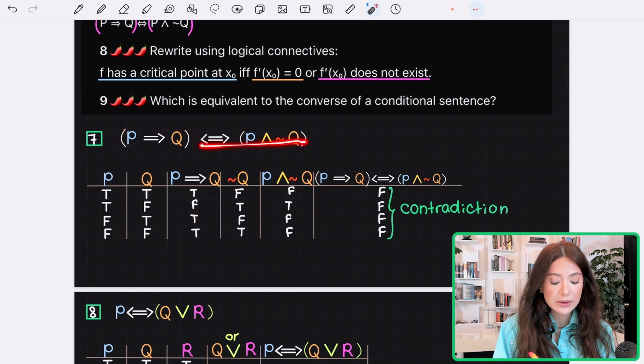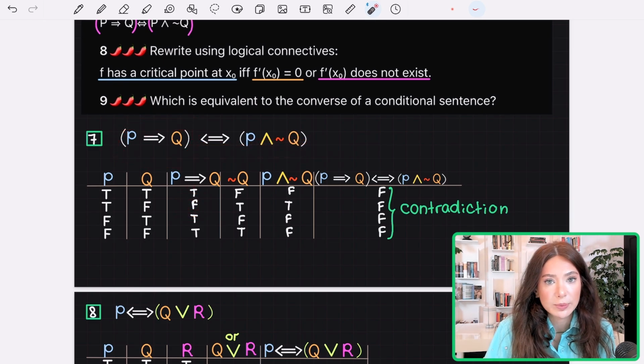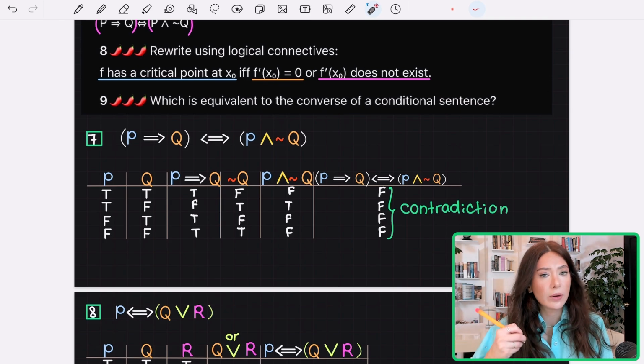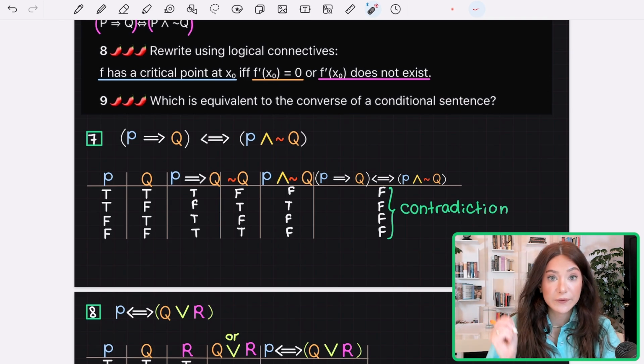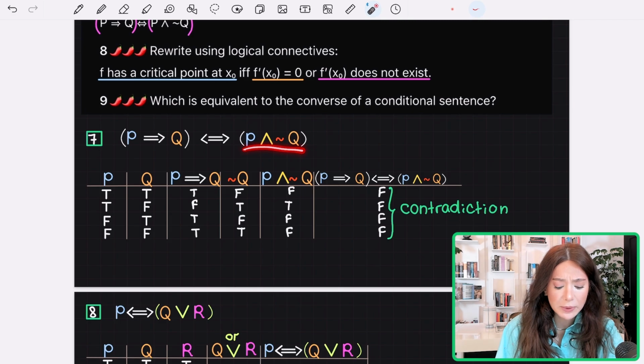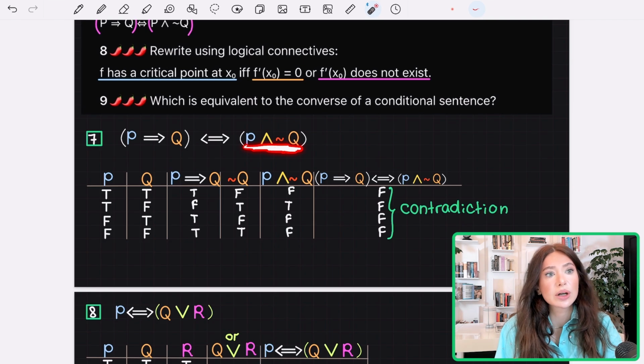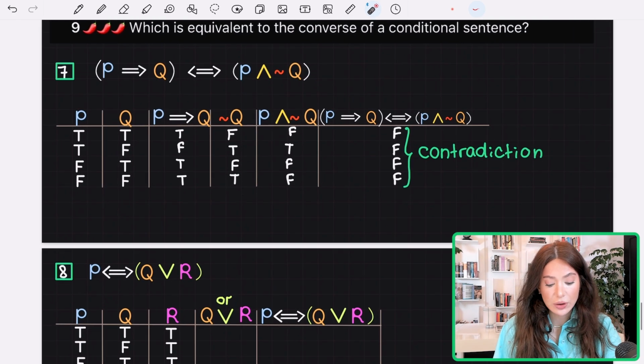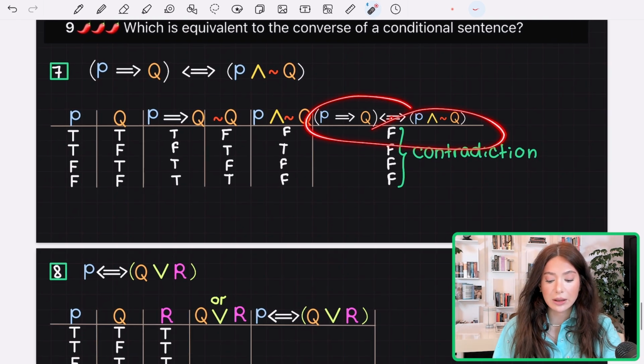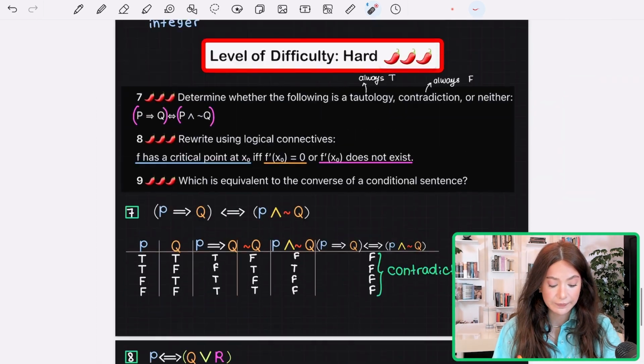So obviously this would be a contradiction. It looks like it would be, but I would still not think about it without the truth tables. First, write down the truth tables. Here you probably realize, wait, this is actually a denial or negation of a conditional statement. This is where the conditional statement is false. So of course this would result in a contradiction.